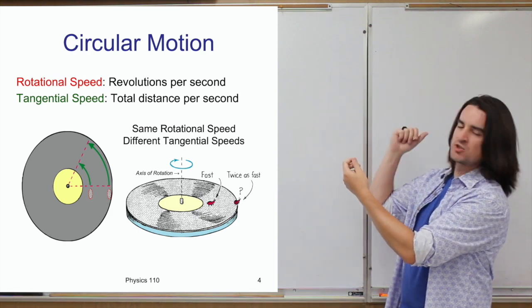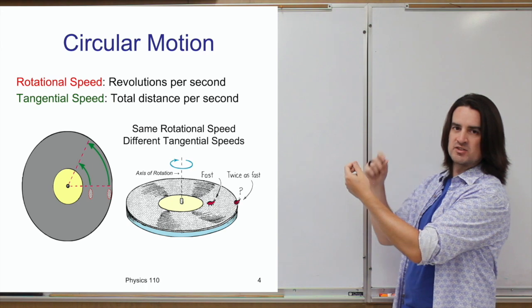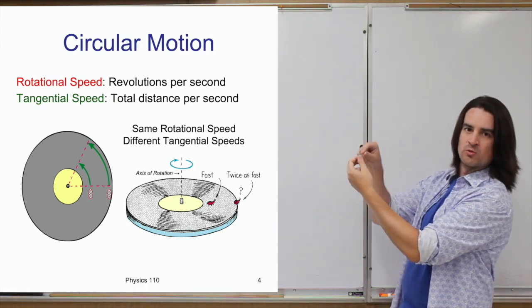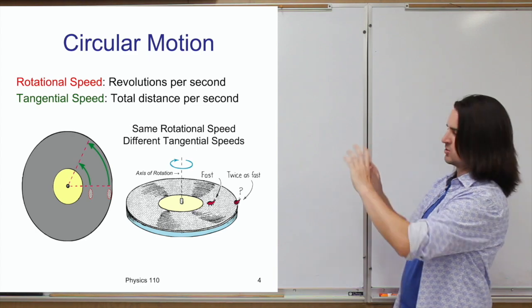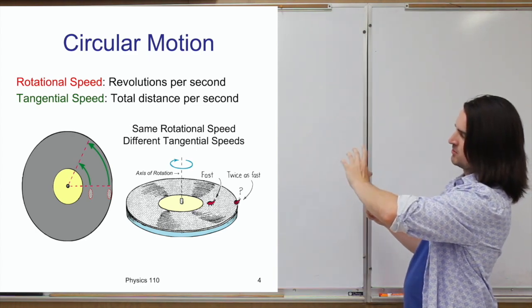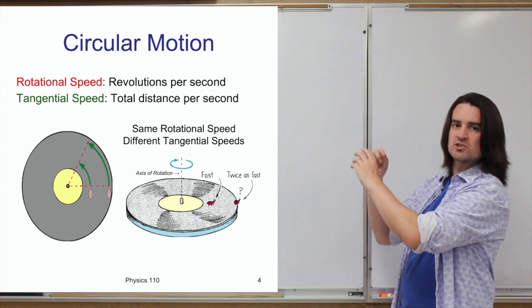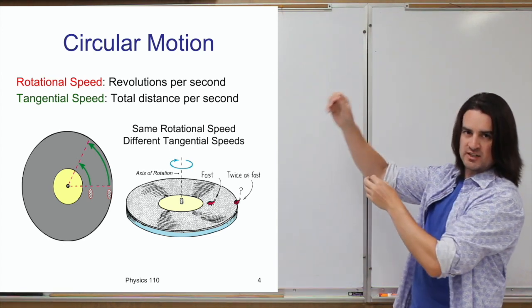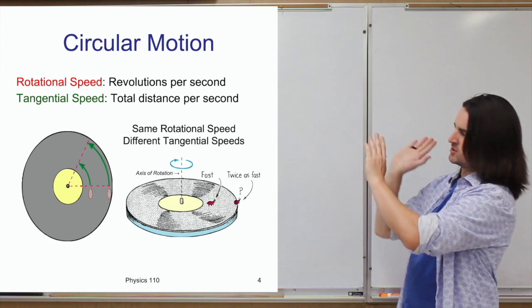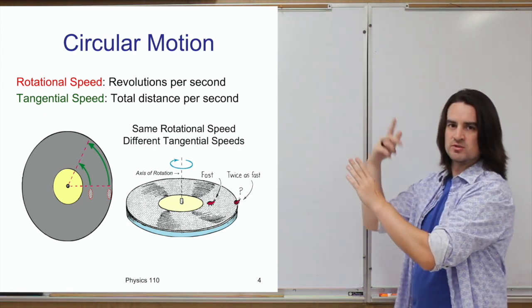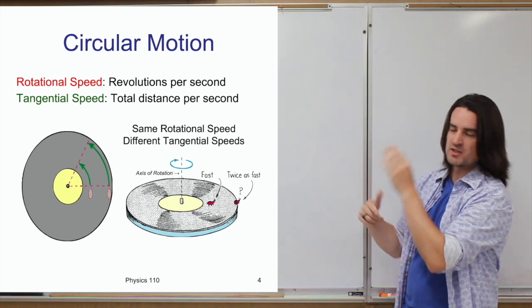That means its tangential speed is higher, because it's moving from one place to the next quicker than the one on the inside. So if you imagine it rotating, the one on the inside is literally moving slower than the one on the outside because it has less distance to cover, but it follows the same arc, because it has the same rotational speed.